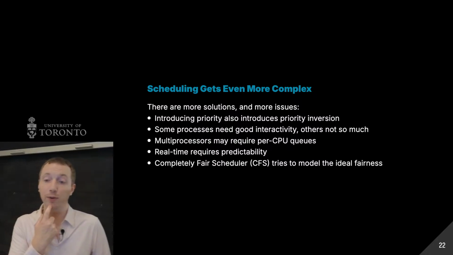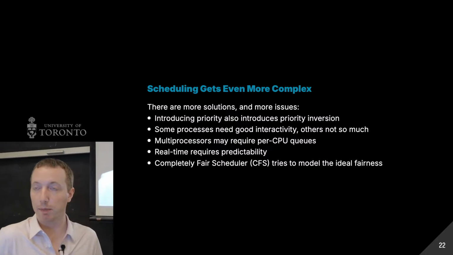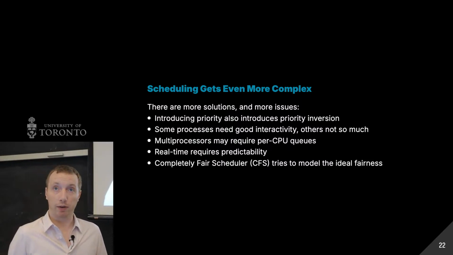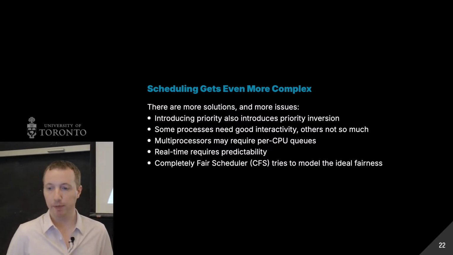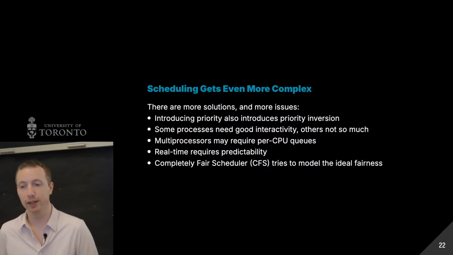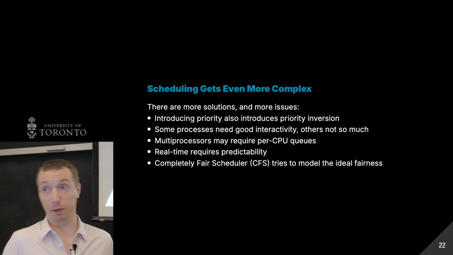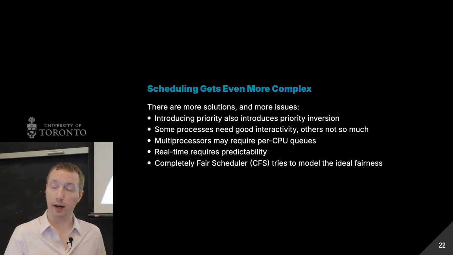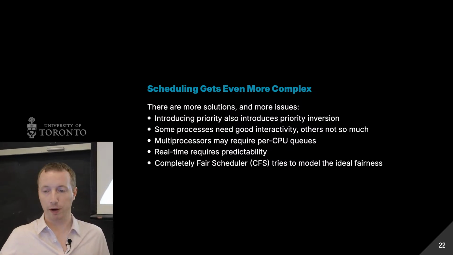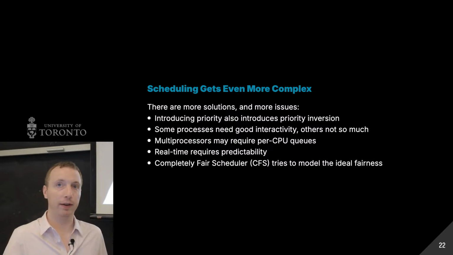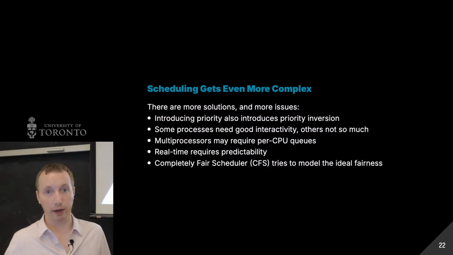So we saw scheduling today get a little bit more complex, more than just first come, first serve and round robin. So we introduced priority, then we introduced a problem immediately with priority inversion. We don't want a high priority process depending on a low priority one. We can fix that by doing priority inheritance.